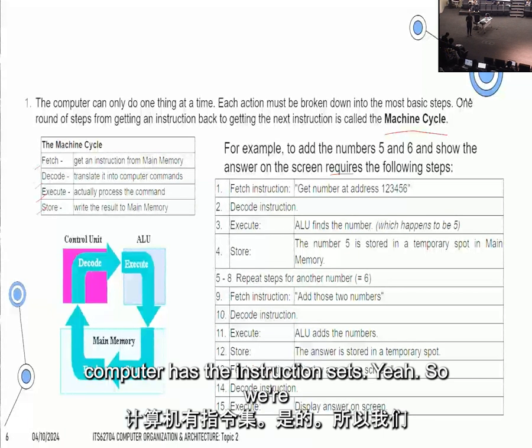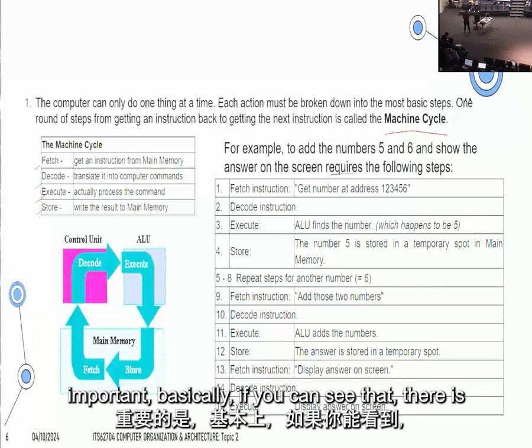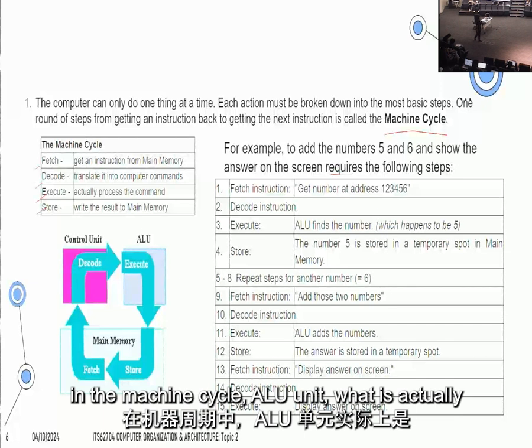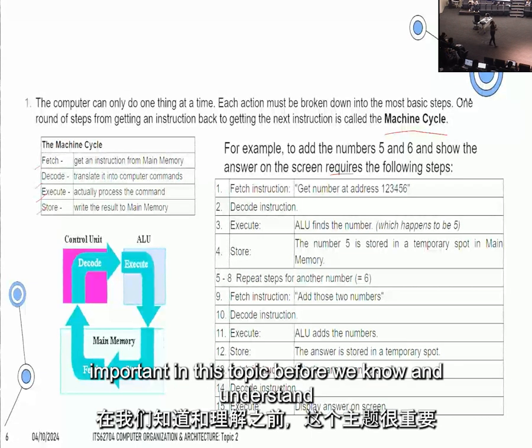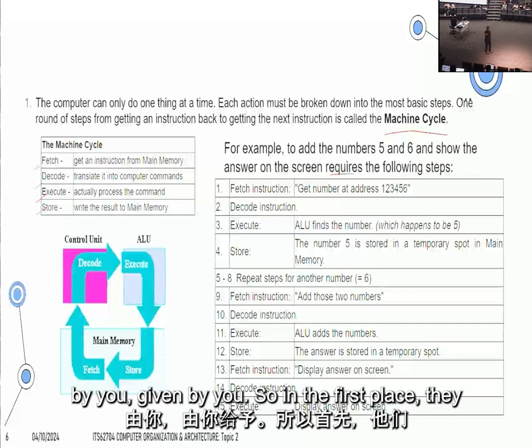But the most important thing, if you can see the table on your left and right, is what happens in the machine cycle and the ALU, before we understand how the computer converts the numbering instruction given by you.